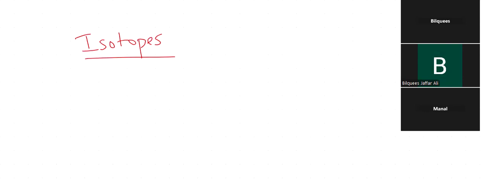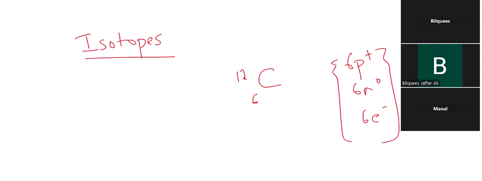Okay. So in this example, is this carbon an isotope, with 6 neutrons and 6 electrons? No, it is not an isotope, because all the numbers are equal to each other.